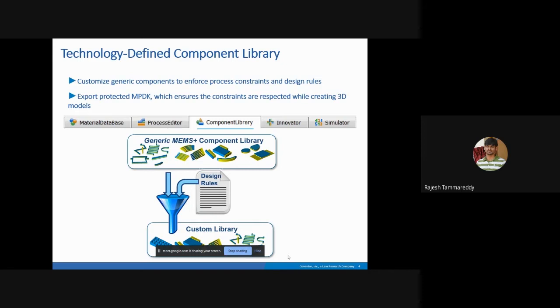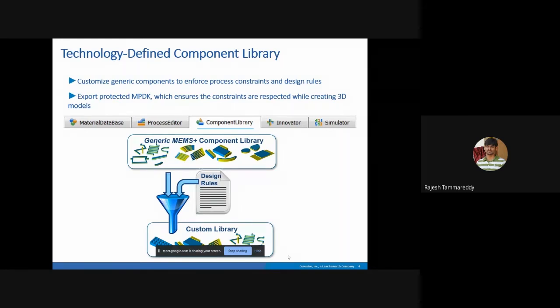If you compare with Coventor, both have a material database, but the extension is different. Both are independent things. Here the extension is .mmdb, meaning material database. There it is MPD. Okay.